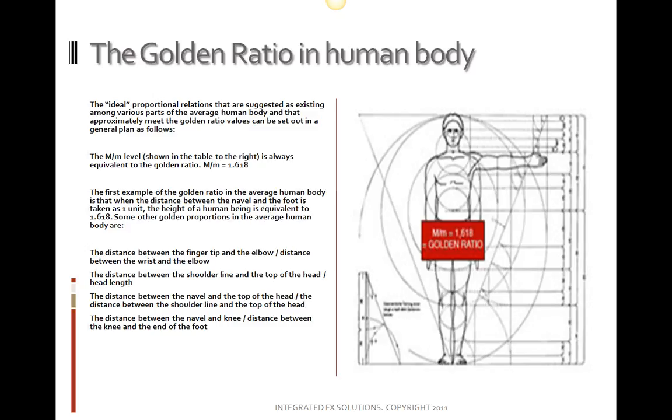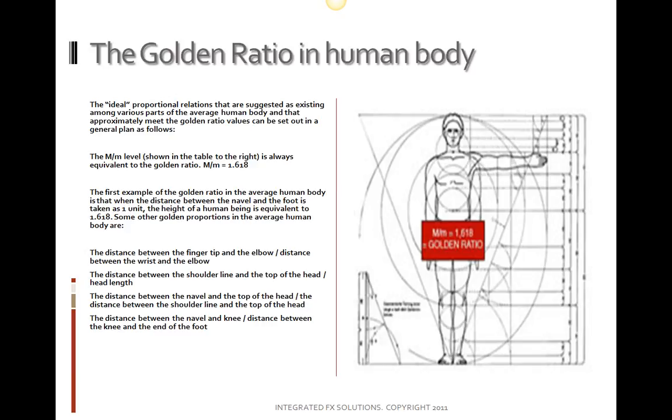The first example of the golden ratio in the average human body is that when the distance between the navel and the foot is taken as 1 unit, the height of the human body is equivalent to 1.618.